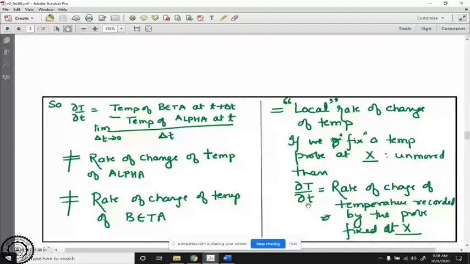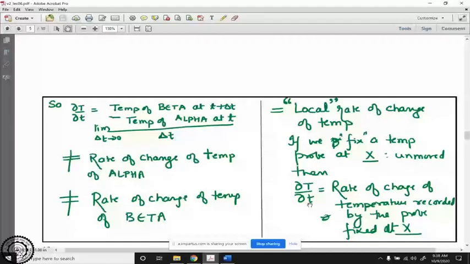So it is not associated with any fluid particle. The partial with time is associated only with a probe that is fixed at that point. So this does not answer the question that I asked. However, it has some other meaning, which is different.